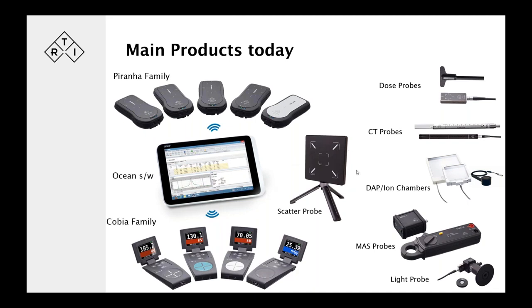So the scatter probe was launched just a year ago, and it has the stipulated sizes that match the international standards. So it's 100 square meters and 10 square centimeters active areas for measurement.